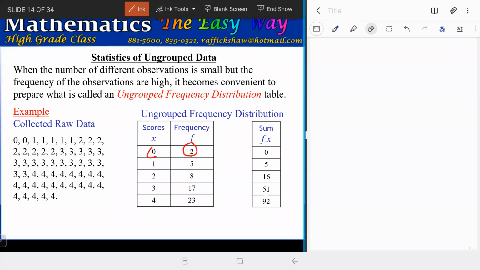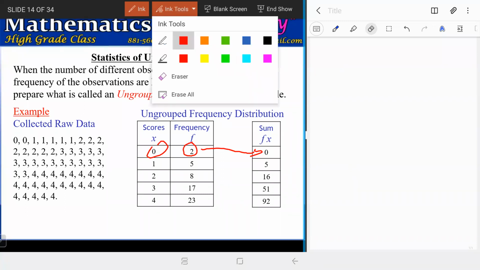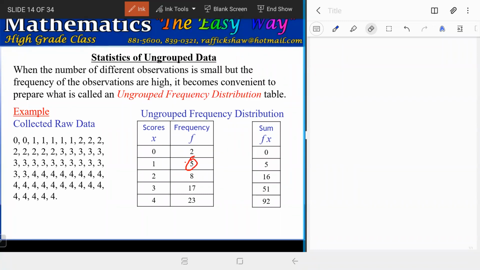2 zeros, the sum of the zeros is 0, because 2 times 0 is 0. And since there are 5 ones, the sum of the ones is 5, 5 times 1. And since there are 8 twos, the sum of the twos is 16.